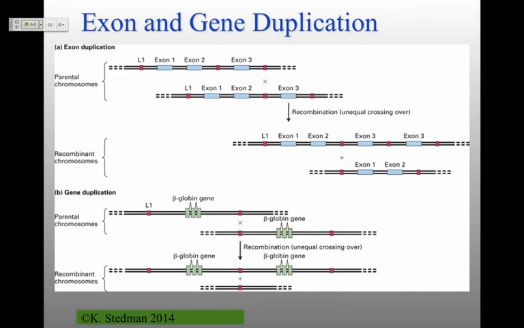How does that seem to be happening? It usually seems to be through homologous recombination that happens not with perfectly paired chromosomes, but chromosomes that are offset a little bit. And since we have so many repeated sequences in genomes, when you have a double-stranded break, which can be happening either in meiosis or through DNA damage, it's looking for a sequence which is homologous or very similar to it.